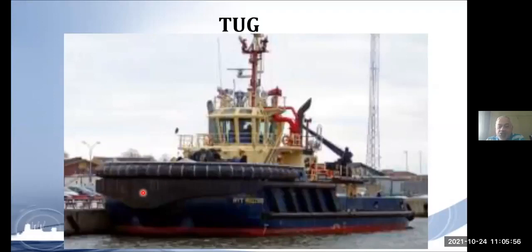So when the tug is pushing, it is pushing with a smooth surface of rubber. So the ship's side doesn't get damaged where he is pushing, and the tug also does not get damaged. On the after part, the tug will have a wire or towing rope with which the tug can pull the ship, okay, as per advice from the pilot.